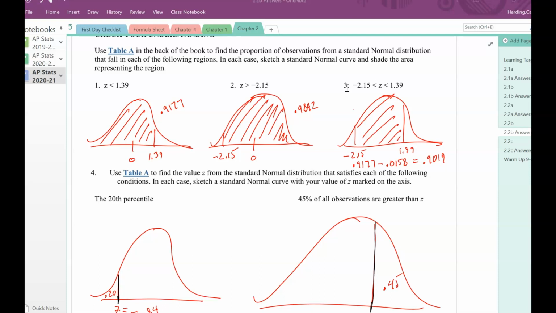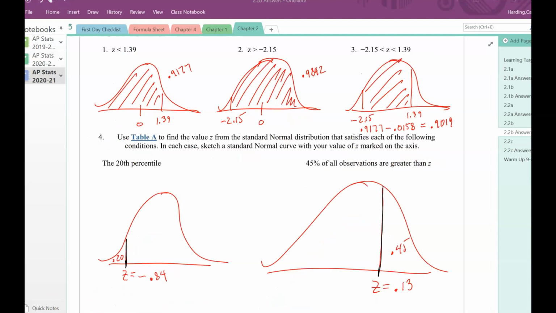Now, to move in the other direction, to be given a percentile and then need to find the z-score that cuts off that percentile. In question 4, it asks for the cutoff z-score for the 20th percentile. What this is going to require you to do is to look up 0.2 in the middle of the table and then follow it out to find the z-score that corresponds.